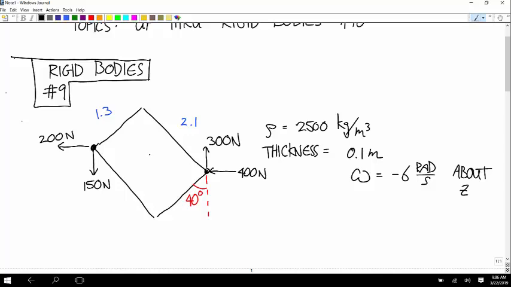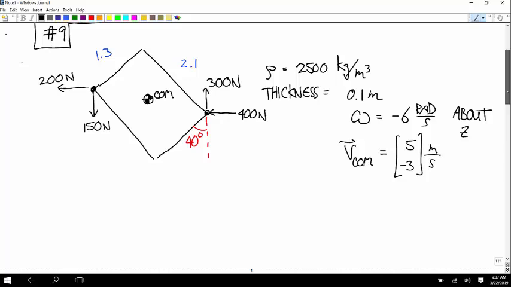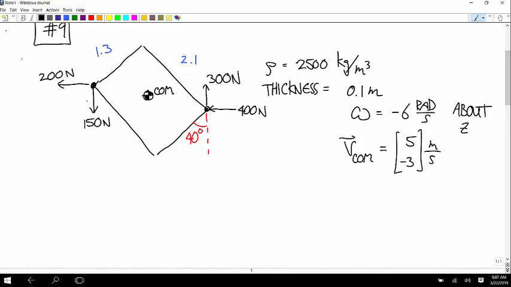And the velocity of the center of mass, let's call that COM. So the velocity vector of the center of mass is 5, -3 meters per second. We're neglecting gravity, so the only forces are these two. This thing doesn't have a fixed point anywhere, and we're trying to calculate these things.